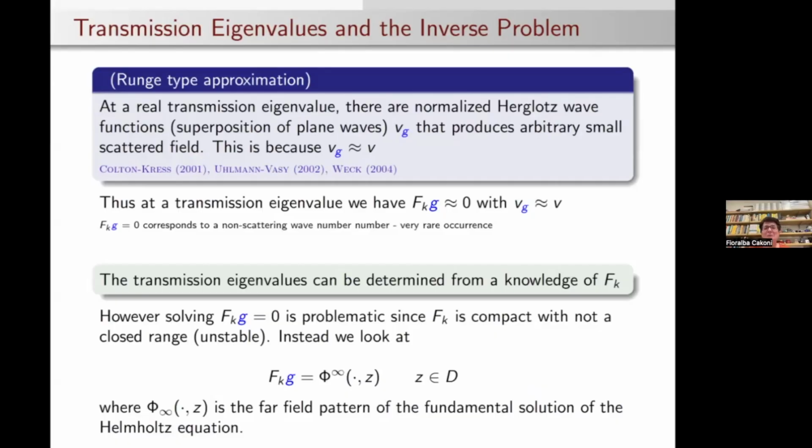So actually, this question of existence of non-scattering wave numbers is related to a lot of famous conjectures in this business, so I don't want to get to it. So only for spherically symmetric media, we know that they exist, right? So it looks like generically we can always get a response from any inhomogeneity, okay? If we probe by an incident field or by other more complicated incident fields than plane waves, right?